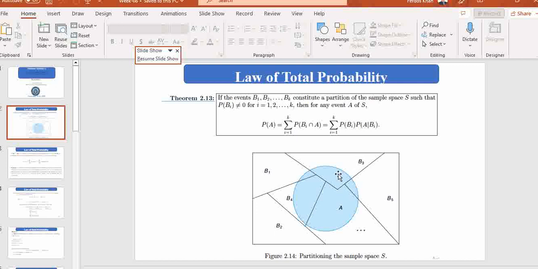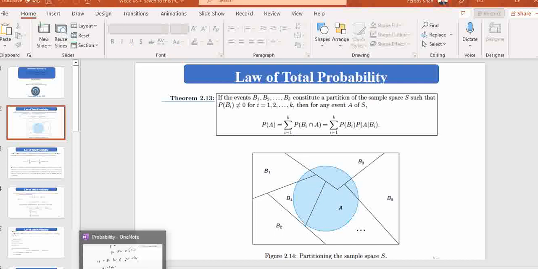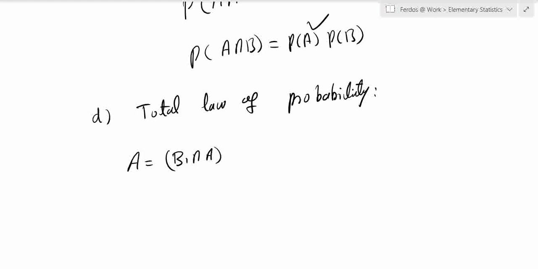B3, this blue part here, is B3 intersection A. This part is B4 intersection A and so on. So you can write A is equal to this one, and then union B2 intersection A union, and so on.